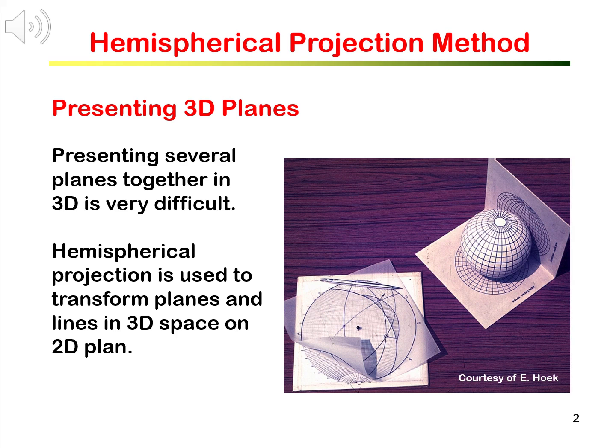There are several methods of projection. You can easily find the explanations in books and on the internet. The one we use in rock mechanics and in geology is the lower hemispherical projection. It allows us to transform planes and lines in 3D space onto a 2D plane.